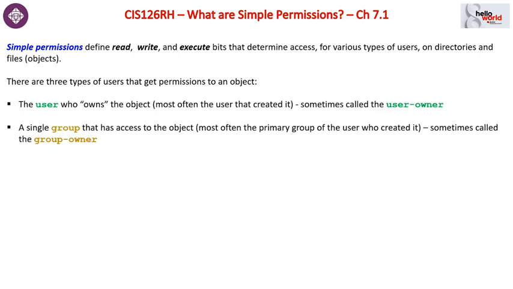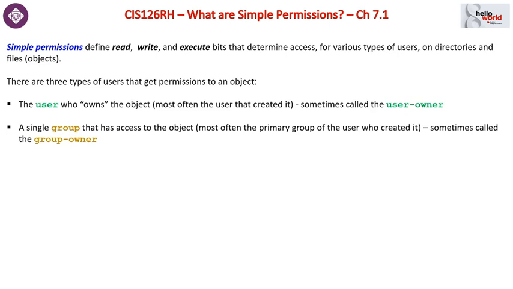Now, if we want to do collaboration, we can change that group owner so that we can pick a group that has multiple people in it, and now multiple people can manipulate that object.